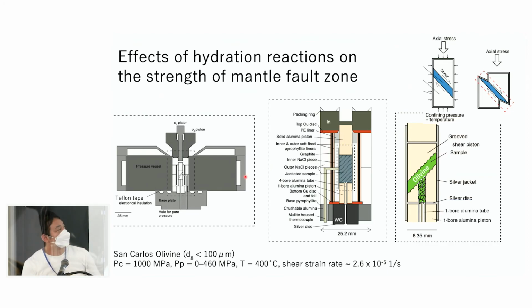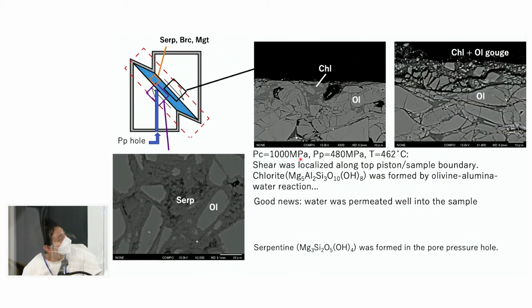Now, this is a work in progress of mine. The reason we developed a new Griggs apparatus is that we want to inject water into the sample directly like this. This is the same sample assembly, but now we are developing a powerful pressure system to inject water into the sample, and we want to shear under wet conditions with controlled pore pressure. The initial result is actually good: during shearing, we are able to make hydrous minerals.